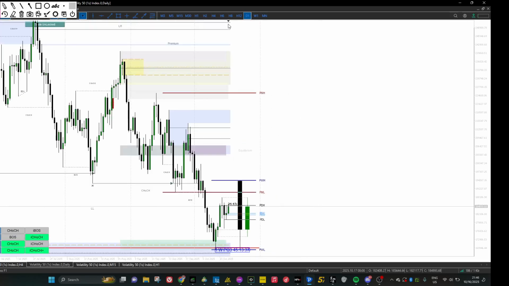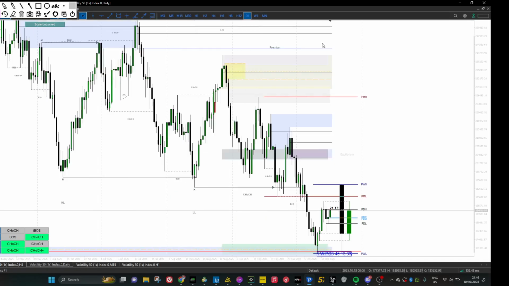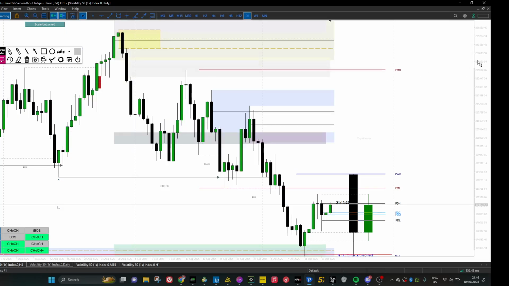So today we had a bearish and a bullish day. We traded both sides of the market today, and I managed to capture a little trade from last night on this pair.